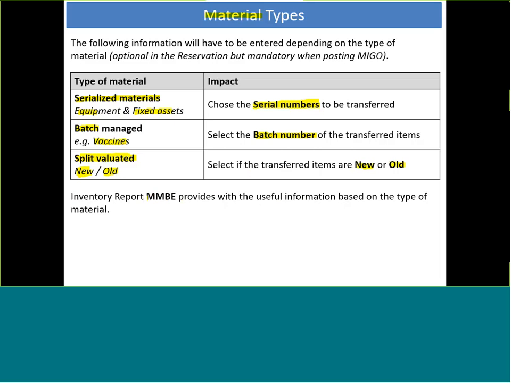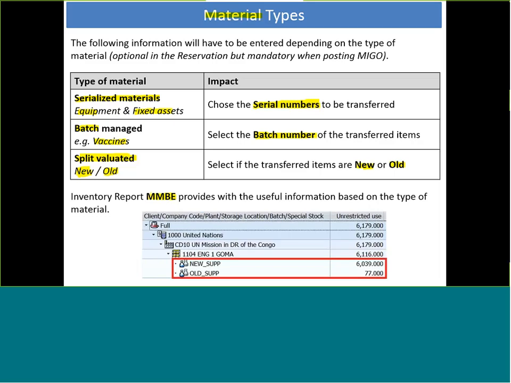Okay. So as we said before, in the system, for example, by using inventory reports like MMBE, we can see how many we have of each type. For example, in this case, we are running this screenshot. It's an inventory report of a material that is split valuated.